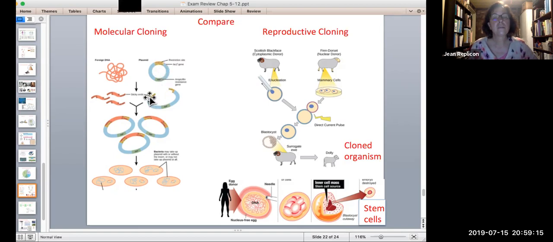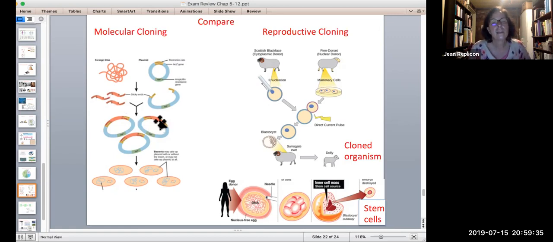And the restriction enzymes will cut in a staggered way. And so you're able to then insert two sources, in this case, a bacterial DNA with, we'll say perhaps, a human, maybe it's the human insulin gene.